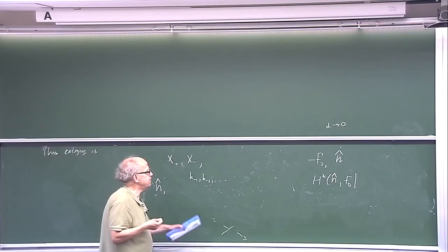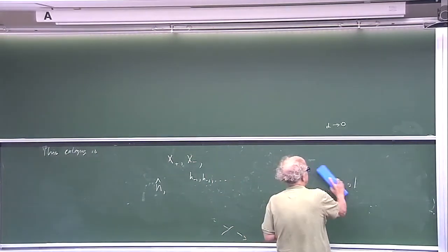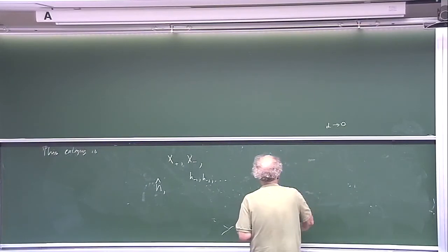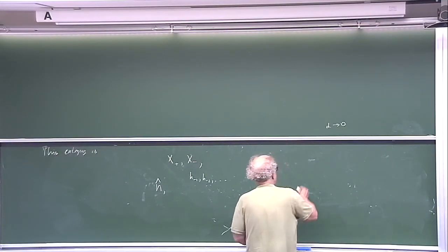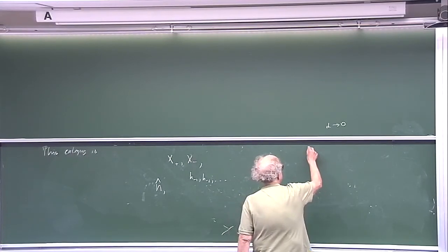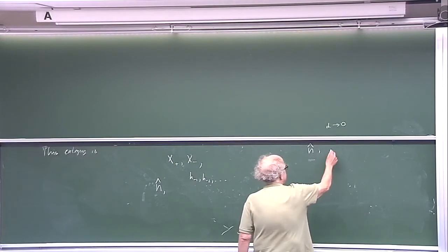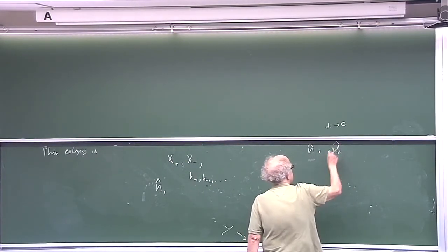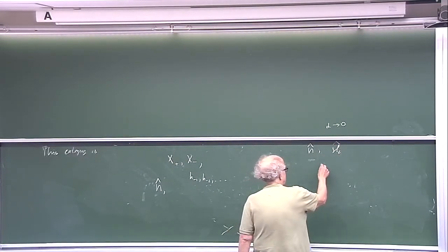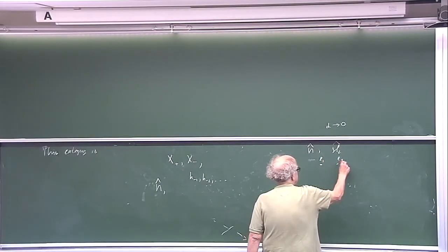And in this case, the result is the following. What is the nilpotent algebra for SL2 hat? It is the following. We have operators E0 and E1.